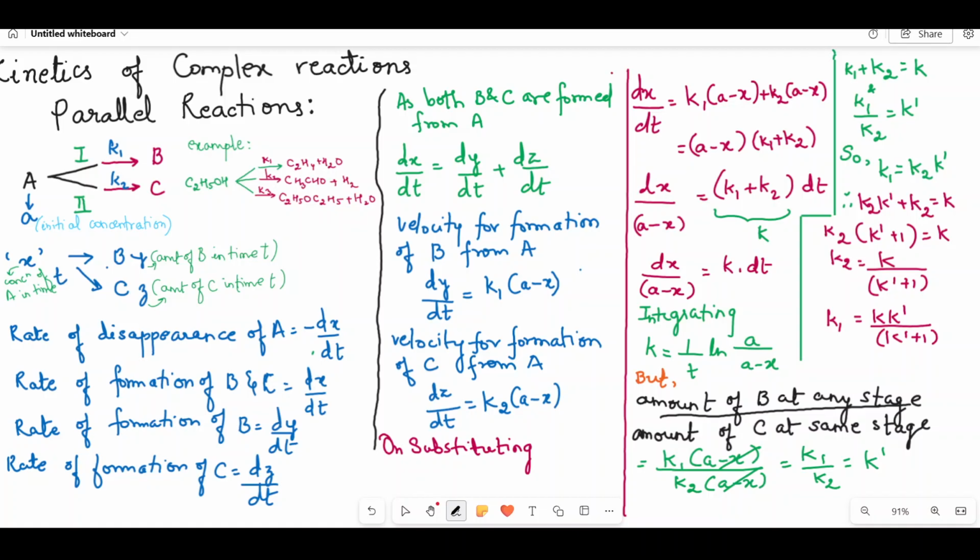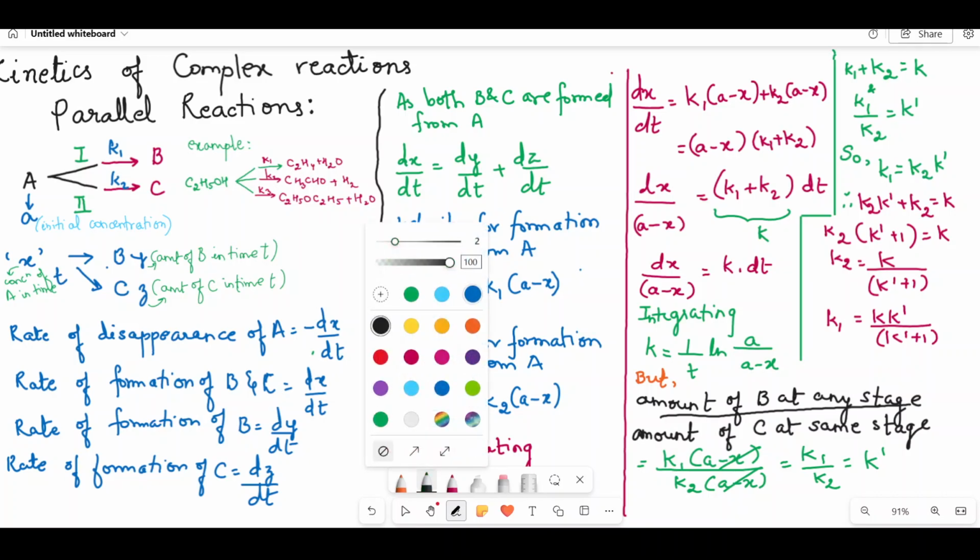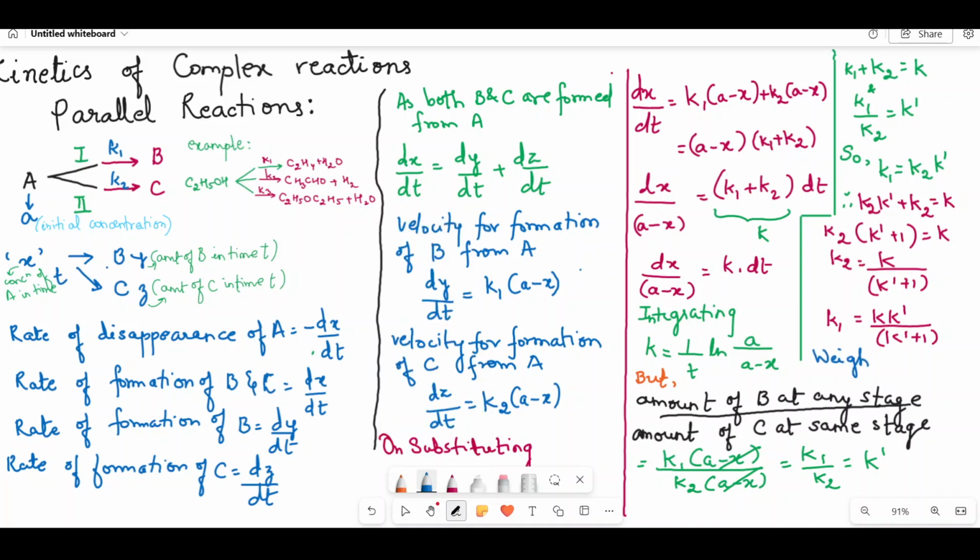Now Wegscheider, a scientist. So Wegscheider's test is useful to distinguish the parallel reactions from opposing or consecutive reactions.